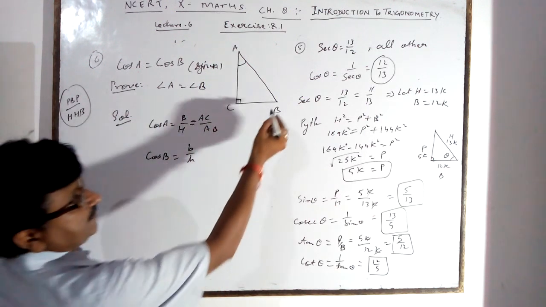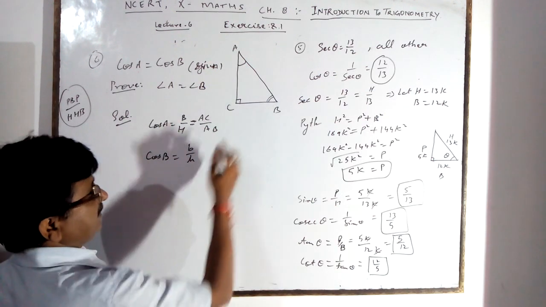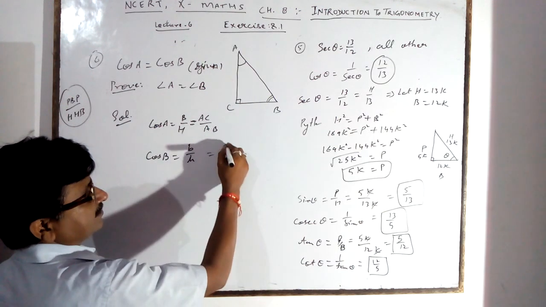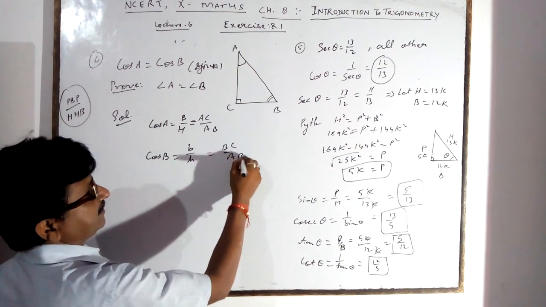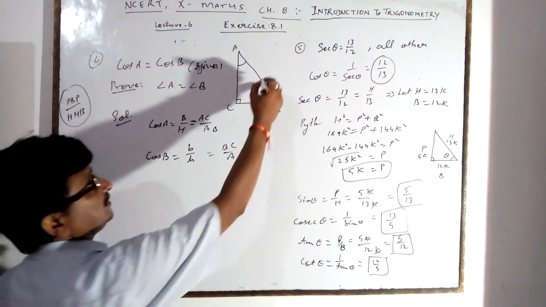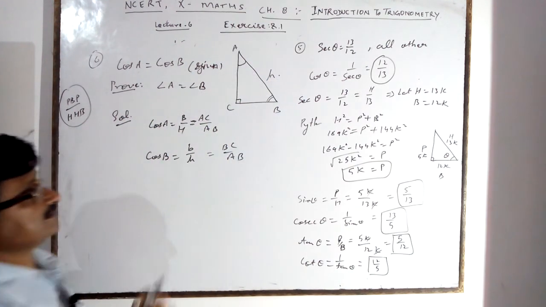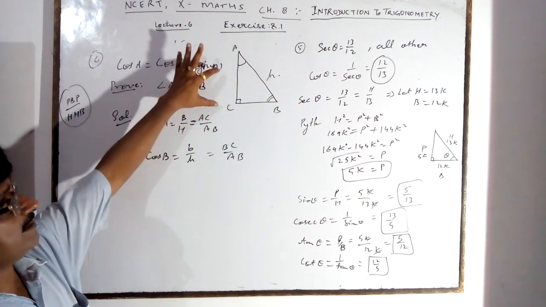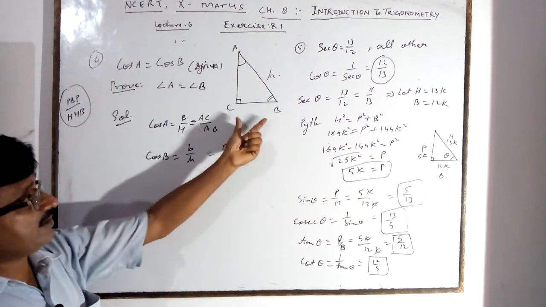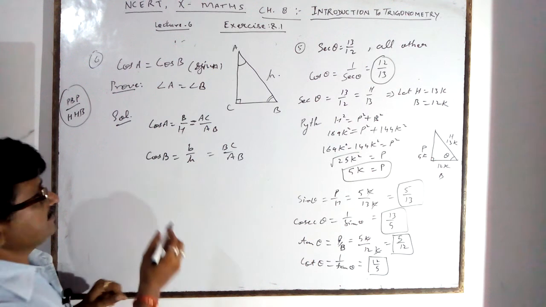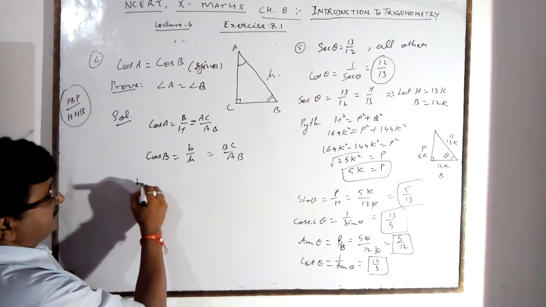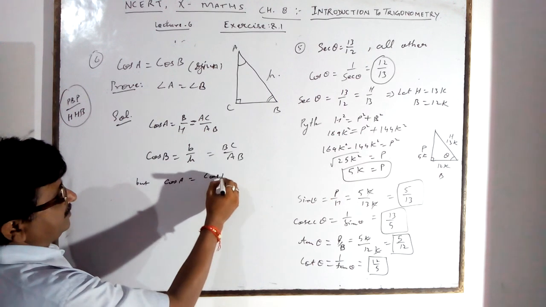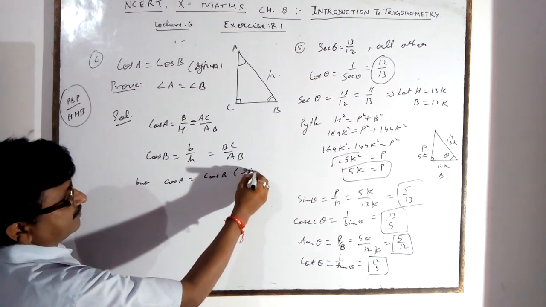For cos B, you put the angle B. What is the base? Base is called the adjacent side. So BC upon again AB. Hypotenuse is fixed for both. For A base is AC, for B base will be BC. But cos A is equal to cos B. It is given.